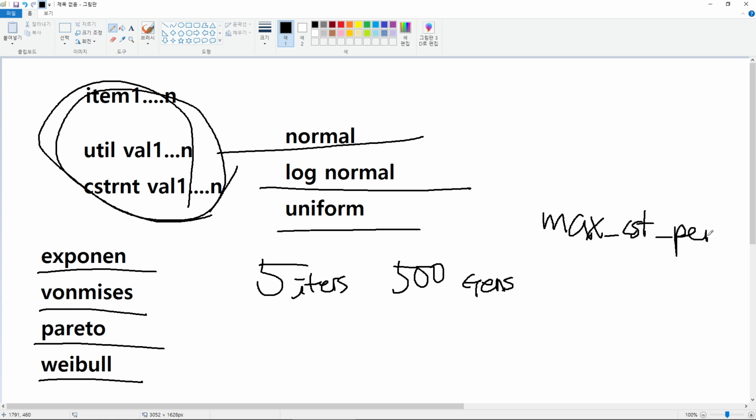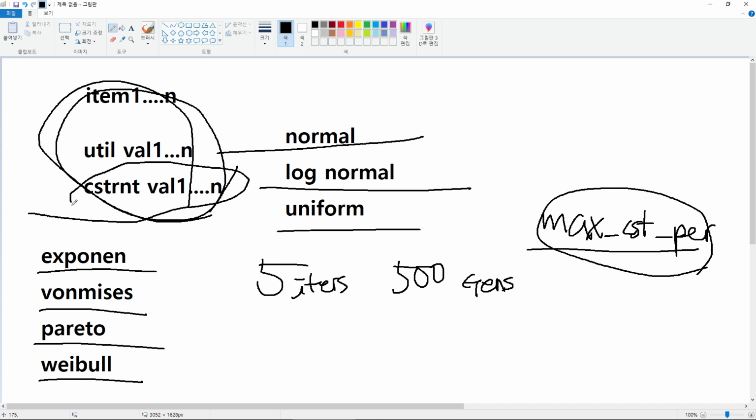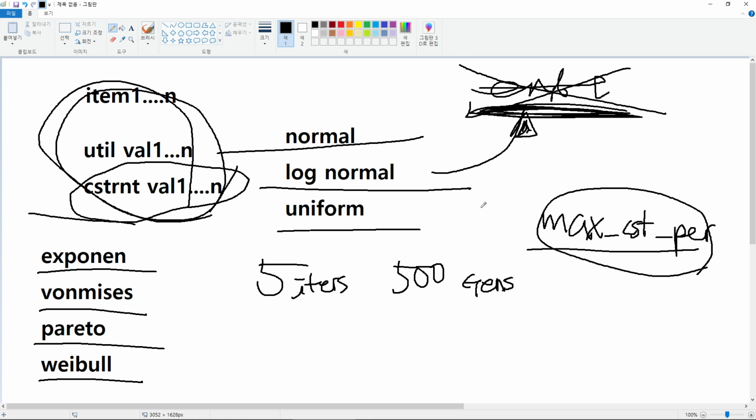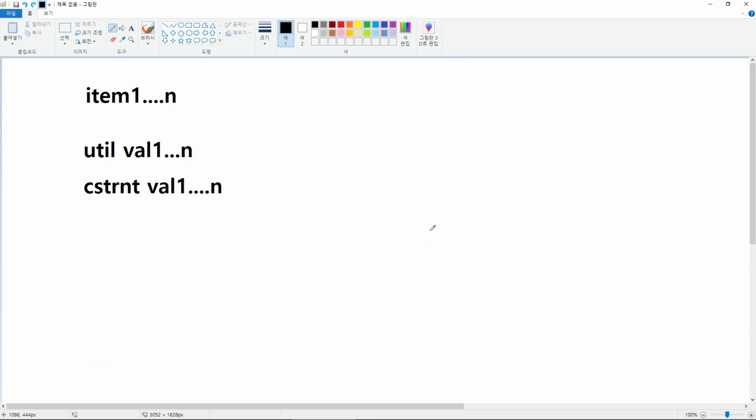By having this value, I can multiply it by the total sum of constraints and use that as the threshold, the maximum constraint. Any entity that goes above it will be struck out. So that's what I did.